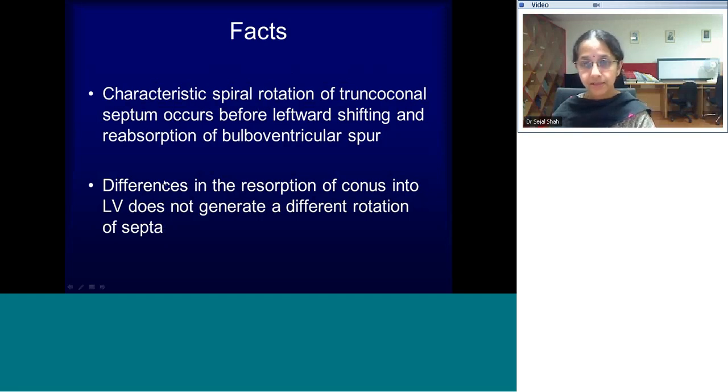And differences in the resorption of the conus into the LV do not generate a different rotation of the conotruncal septum. So we have to understand that both these processes are completely different. The resorption of the conus into the LV has nothing to do with the rotation of the septum.